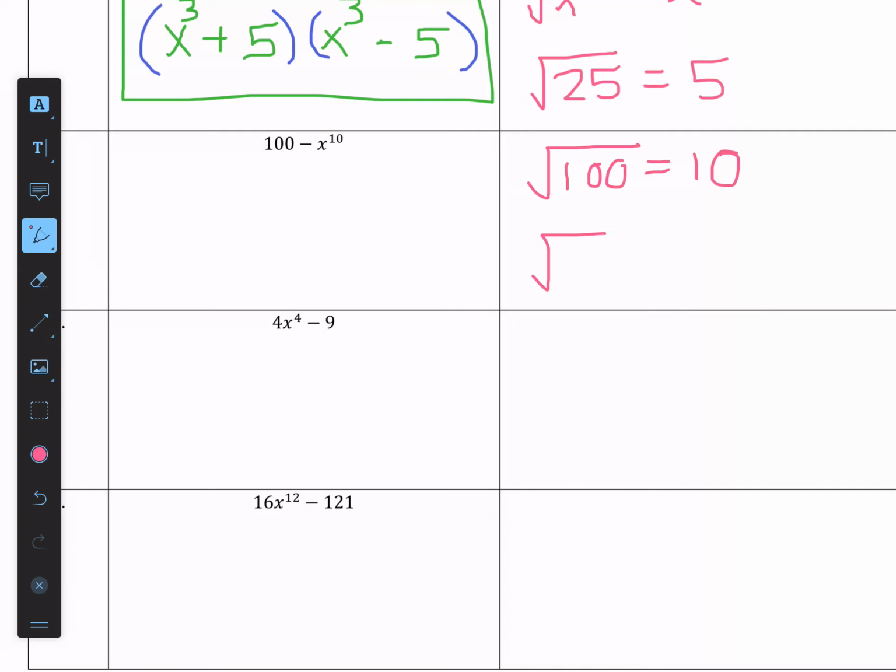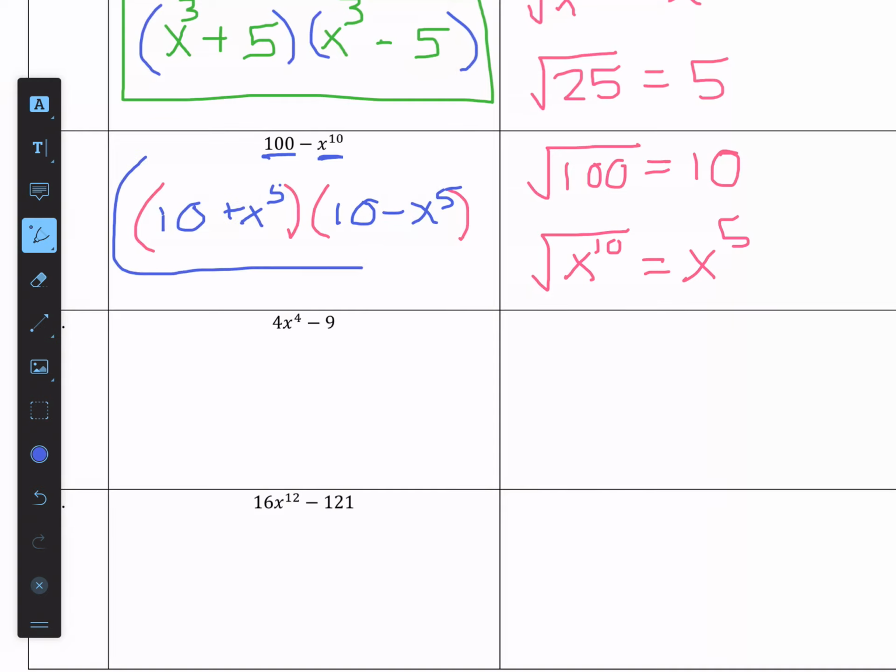All right, just a few more. Just going to keep practicing the same thing. So 100 minus x to the 10th. The square root of 100 is 10. And the square root of x to the 10th is x to the 5th, because remember, we just divide the exponent by 2. So we go over here and do our double bubble.